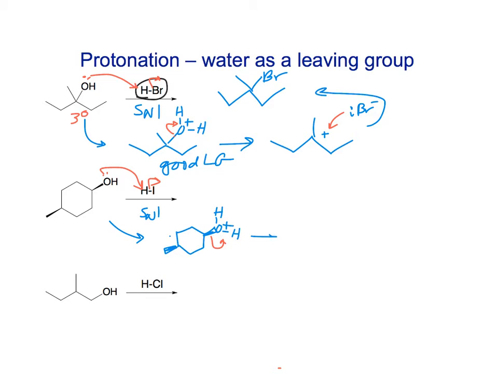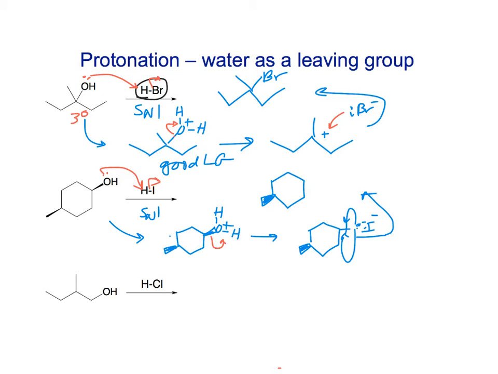So this will form a carbocation like this, and then iodide can react either from the top or from the bottom to give two possible stereoisomers.